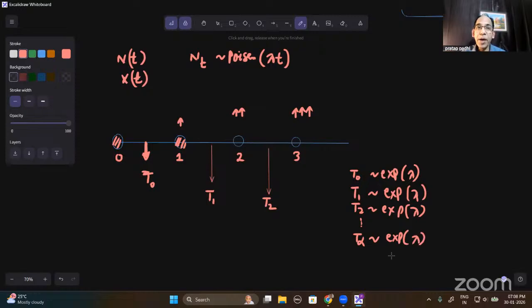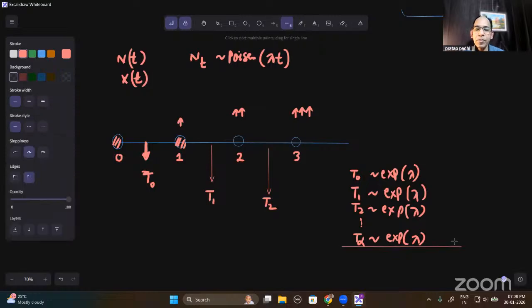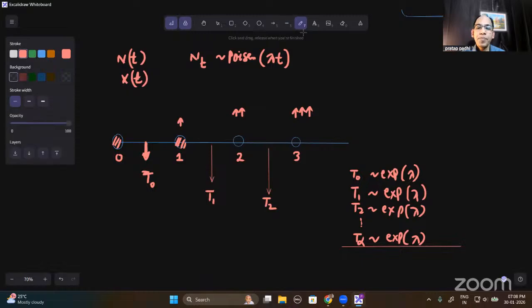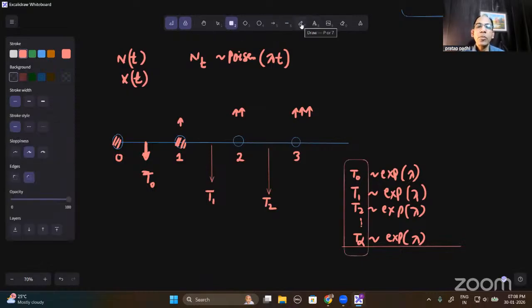So instead of finding the waiting time to get the first claim or my first student or first event, you can say, if I wait to get up to alpha events, what will happen? You add everything. If you add all T0, T1, T2, T alpha, that will be my total waiting time.